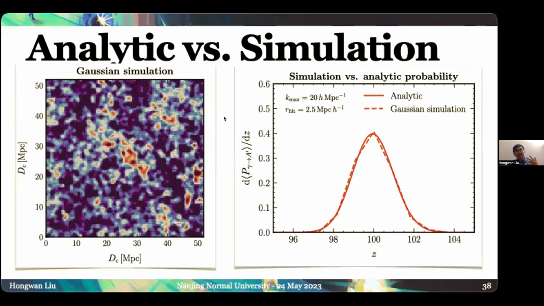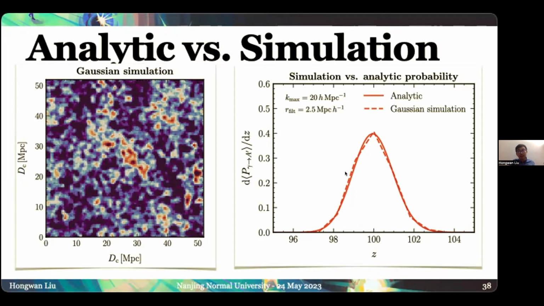And so in order to test this analytic result that I told you about earlier, what we did in our paper was to also make sure that this analytic result compares well with simulation. And so what we did was we simulated a box where you have fluctuations happening in the linear regime where everything is Gaussian. And we took lines in this simulation and calculated the mean probability of conversion between photons and dark photons across many different lines in this box.